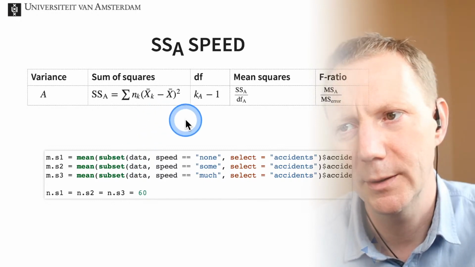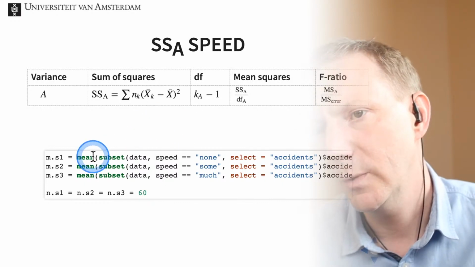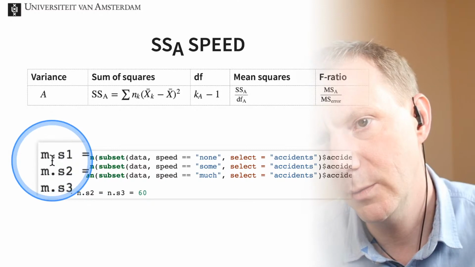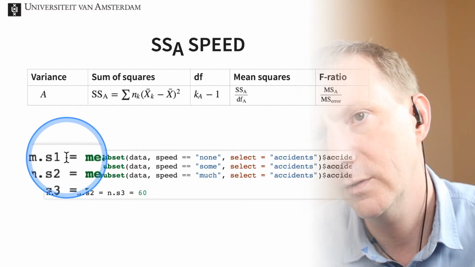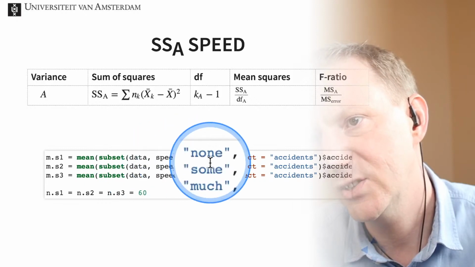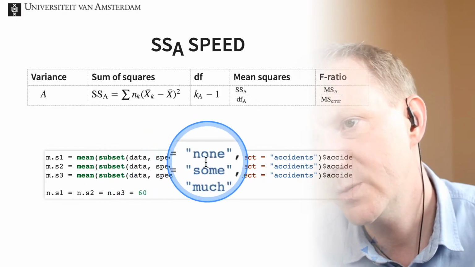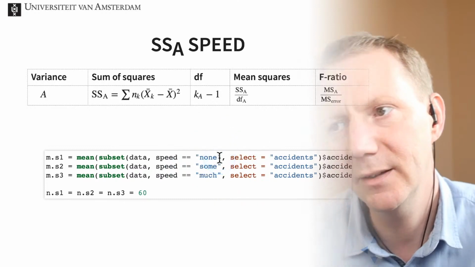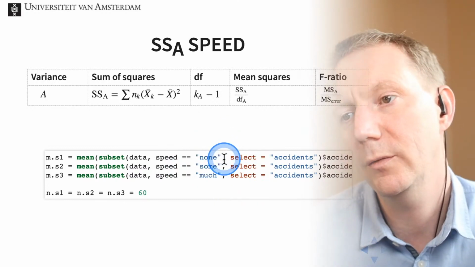Okay, very good. So what we're doing here is, again, calculating the mean. For the first one, I'm selecting the subset where only speed is none. So we're neglecting the fact that someone is part of an alcohol condition.